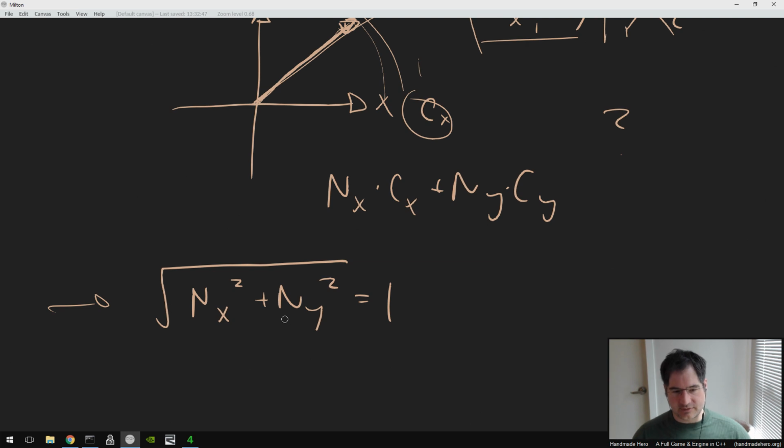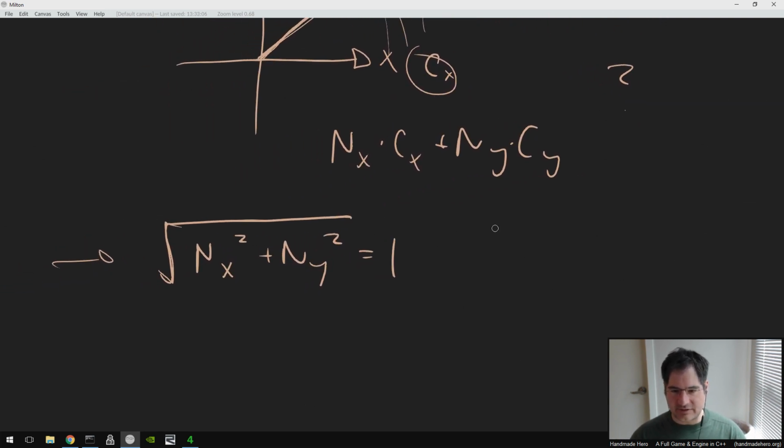This is the equation that tells you something is a normal. The vector Euclidean length of that normal is equal to 1. That's why it's normal, right? But the problem is, if you look at that equation, that's not the same equation that we would want for blending.